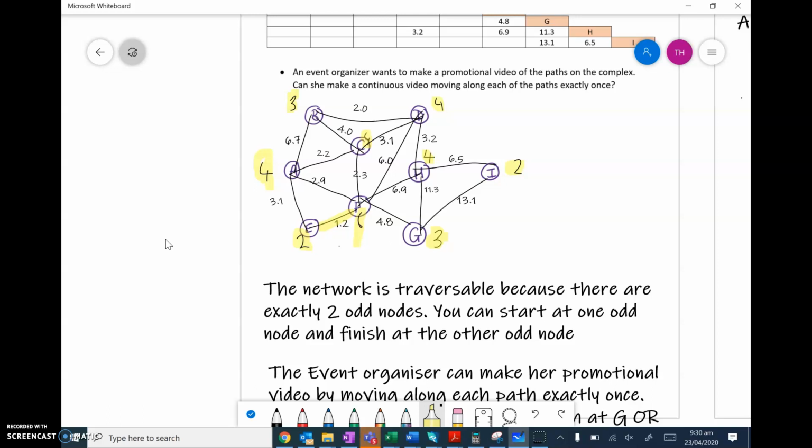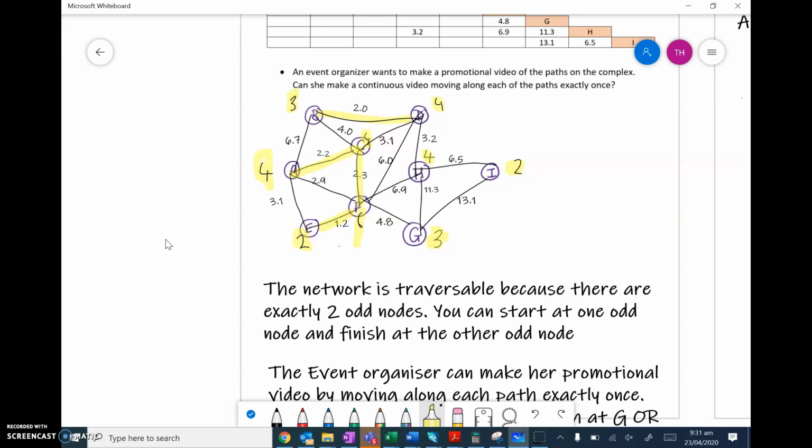Next is 2.0, that's the next shortest route. Now I have 2.2, 2.3, do I have any other 2 point somethings? So next one, 2.2. Next one, 2.3.